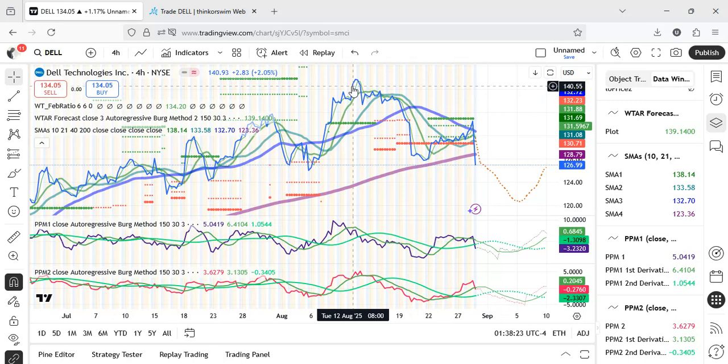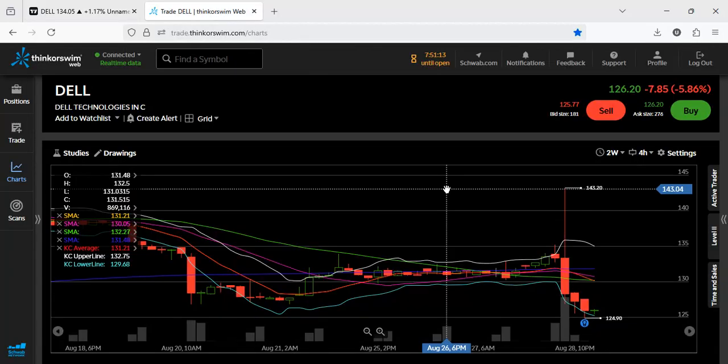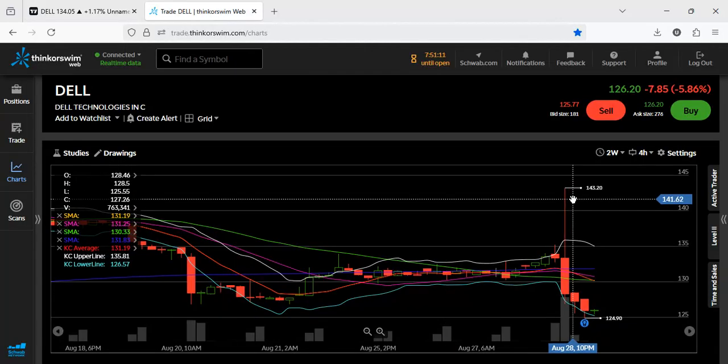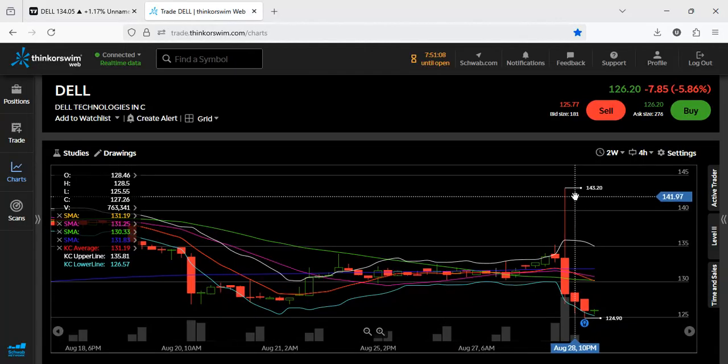That moving average is also less than 140.64. So just using two data points, we can confirm that the probability of it retesting 140.64 is statistically less than 50%. Obviously 143.20 was also printed just a few hours ago.